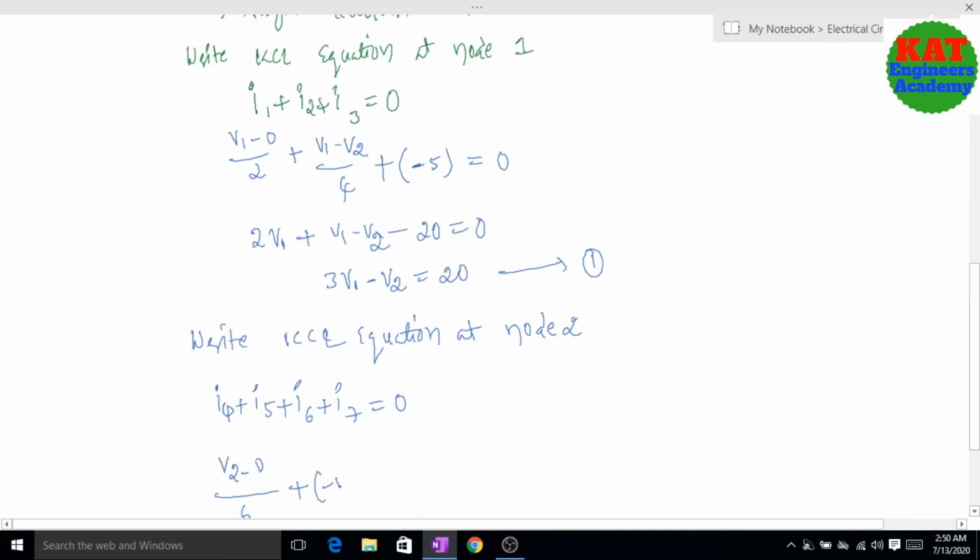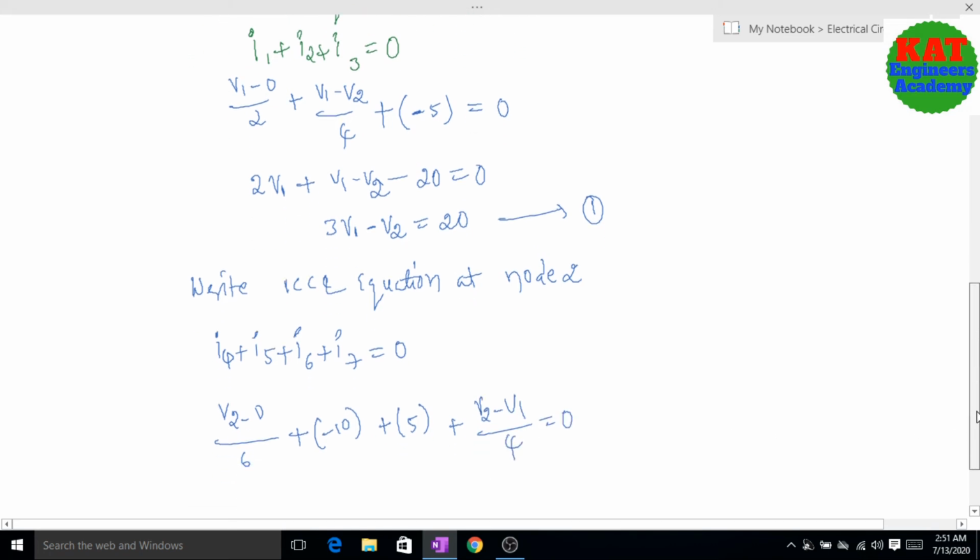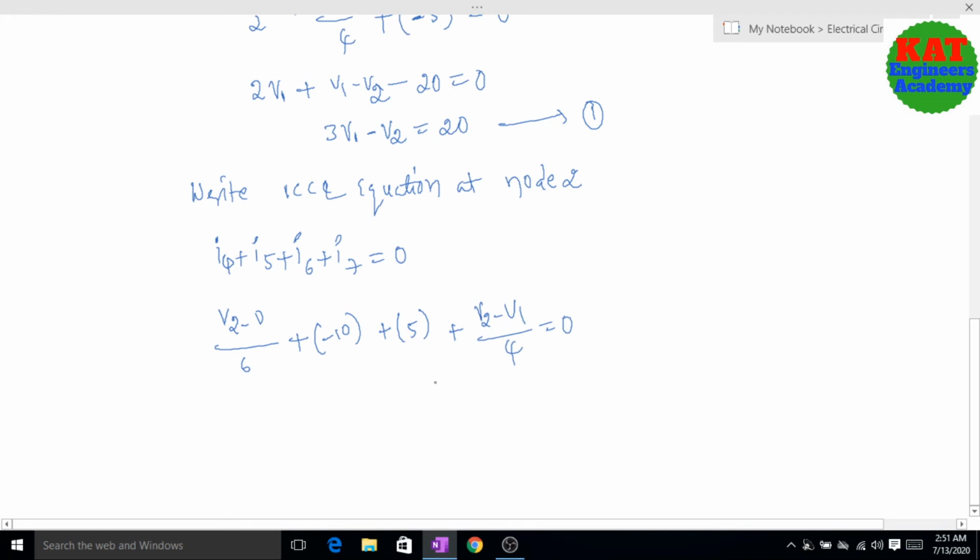So minus 10 plus 5 plus I7, which is V2 minus V1 by 4, equal to 0. Now simplify this equation. 6 and 4 LCM is 12.